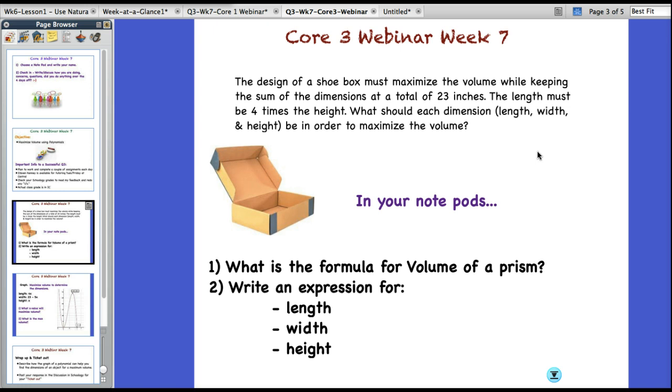That's the most amount of material you have, your cardboard limitations. And here's one other thing: the length must be 4 times the height. That's all the information you have. What I'm going to do is help you walk through how to do it. It's not that hard. It doesn't take that long once it clicks. So you guys know our objectives?